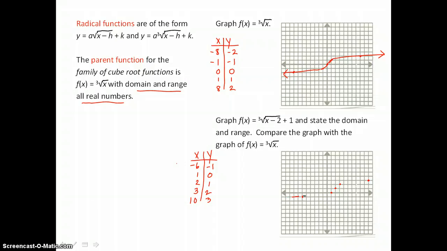So I'm drawing again this S-shaped curve that looks like the parent function, but it has a translation. There's a translation right 2 units and up 1 unit.